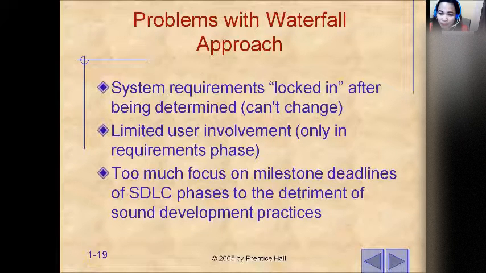Meaning, whatever you discuss or give in the planning phase is already locked in. You cannot modify. Next, limited user involvement, only in the requirements phase. Next, too much focus on milestone deadlines of SDLC phases to the detriment of sound development practices. These are the problems with the waterfall approach.